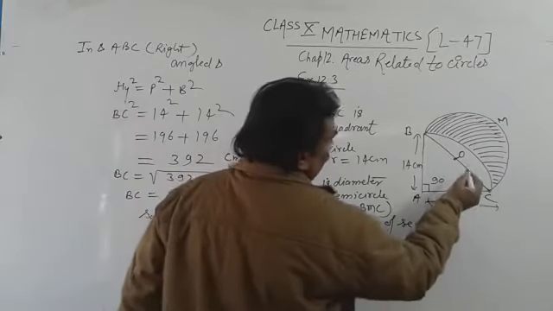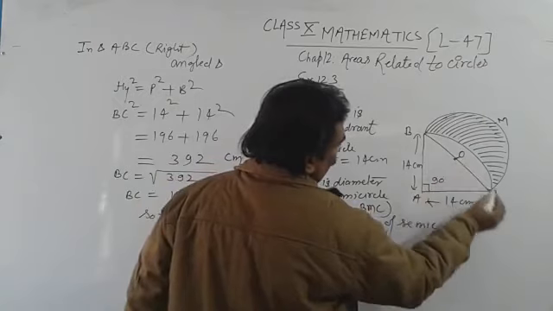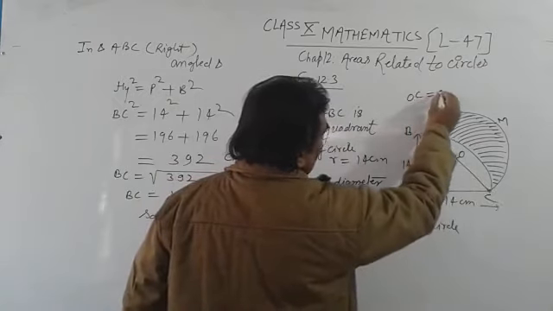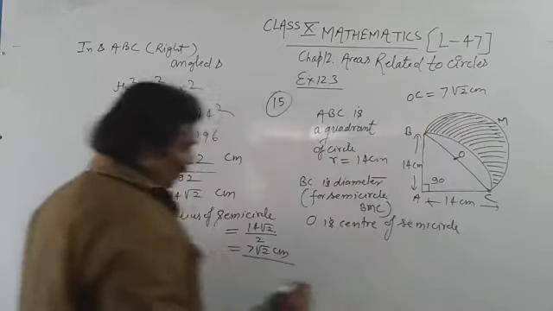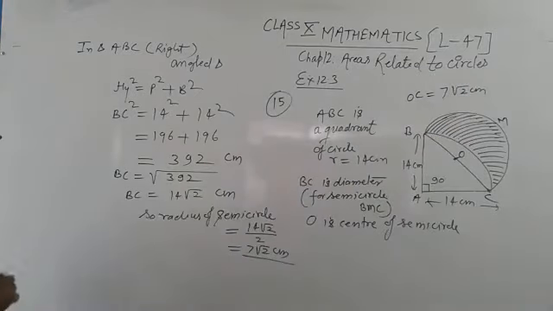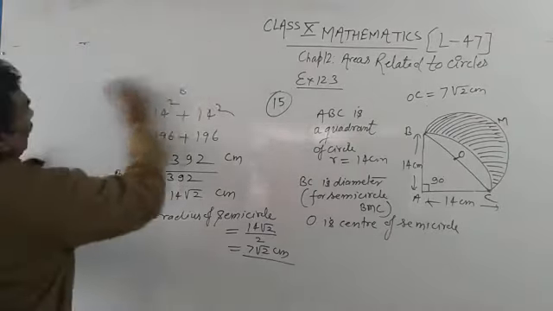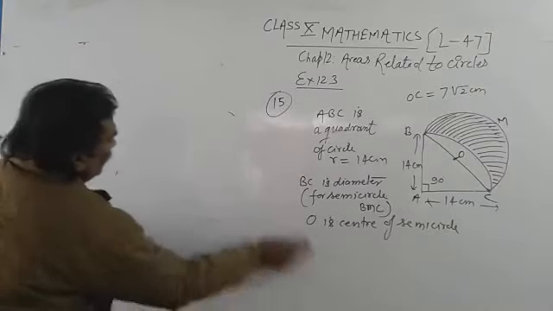So students, this is the radius OC. OC is equal to 7 root 2 centimeter. Now we will find the area of the semicircle.